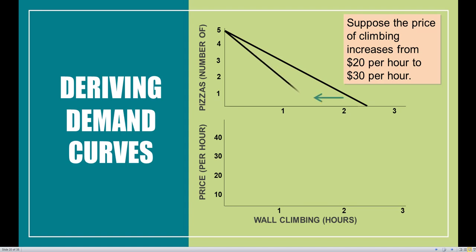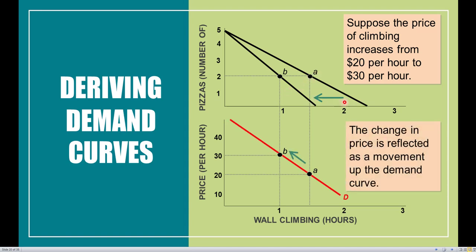So at point A right here, before this was our optimum consumption bundle where we had 2 pizzas and 1.5 hours of wall climbing. However, when the price of wall climbing increased, remember that's going to pivot or rotate our budget line or budget constraint inwards, making fewer choices available among combinations of both of these goods.